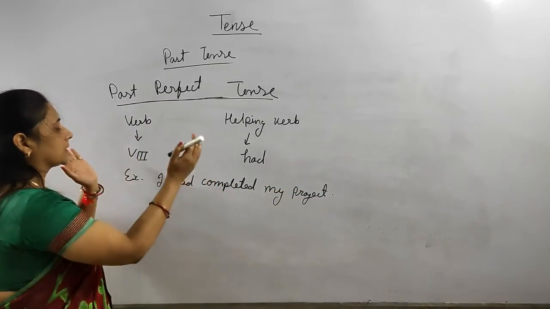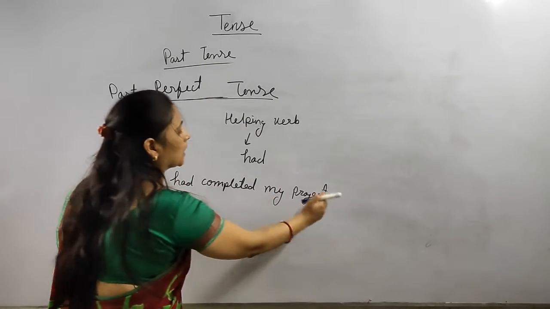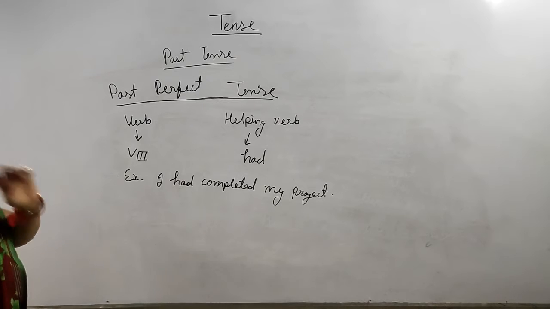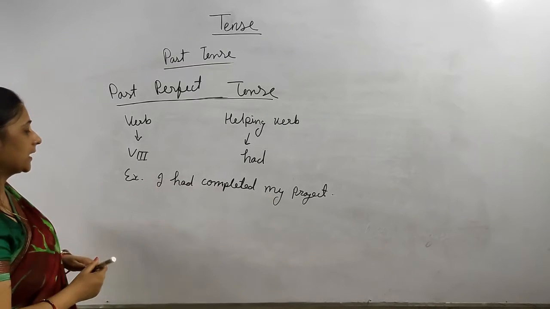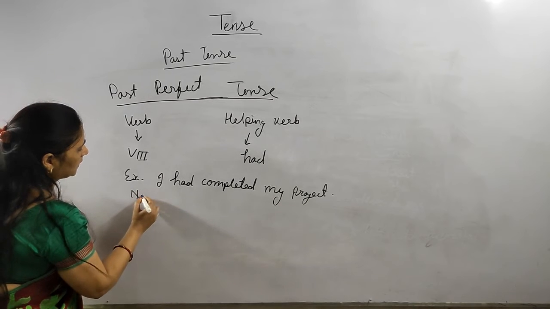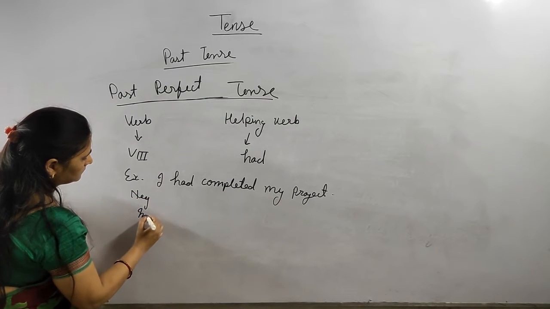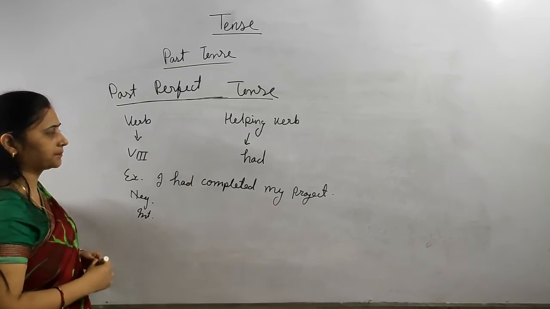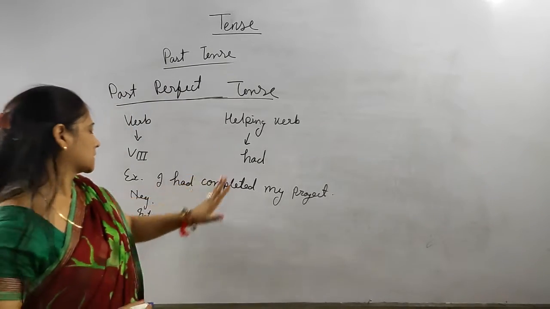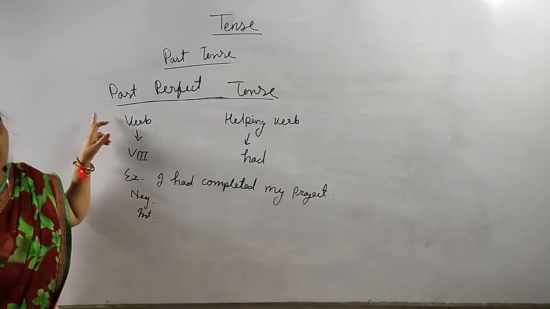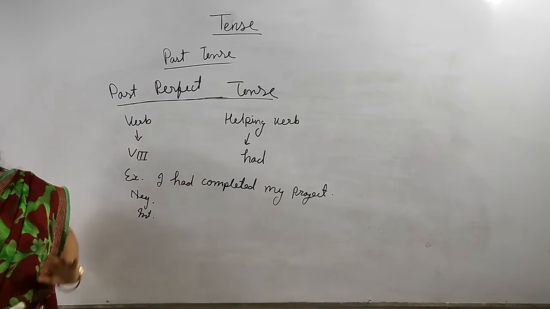This is the criteria to make a complete sentence. And again, you will change this sentence into negative and interrogative. So it was the explanation of the past perfect tense.